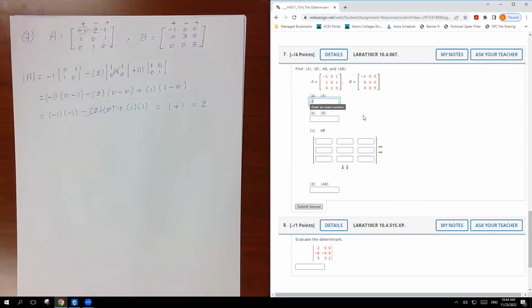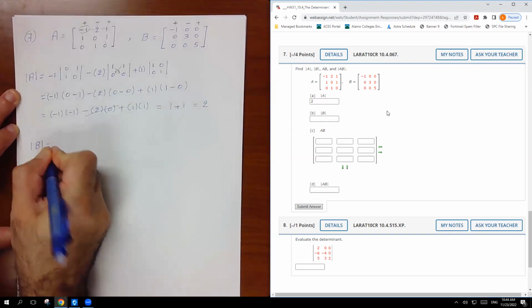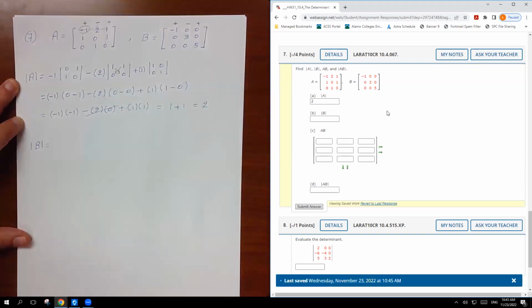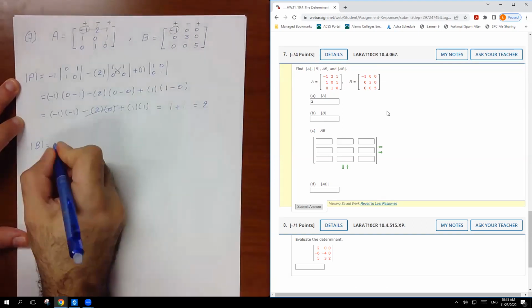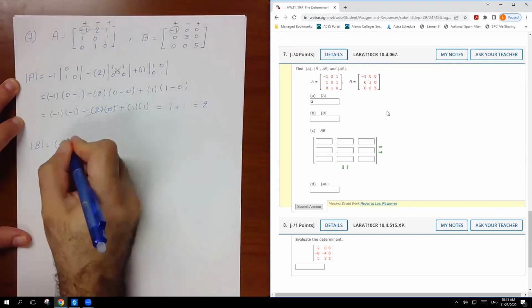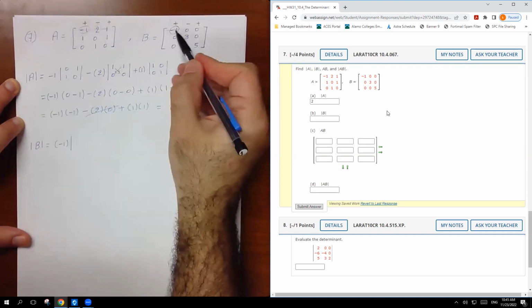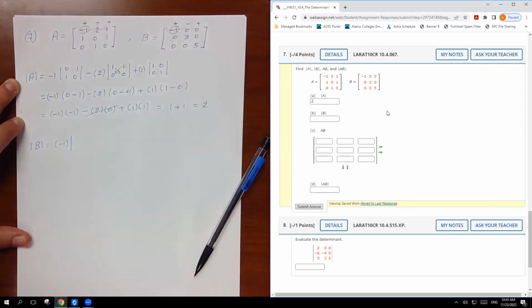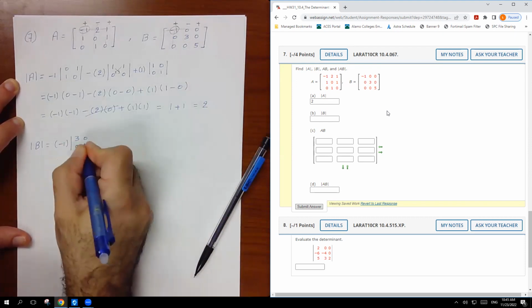You're going to do the same thing with the determinant for the matrix B. Now, the determinant for the matrix B is going to be plus, minus, plus. So I'm going to start with the first number, which is -1. So I'm going to say here is -1. I need to find the determinant. Cancel this row and this column, so it's going to be 3, 0, 0, 5. So I'm going to write down 3, 0, and 0, 5.